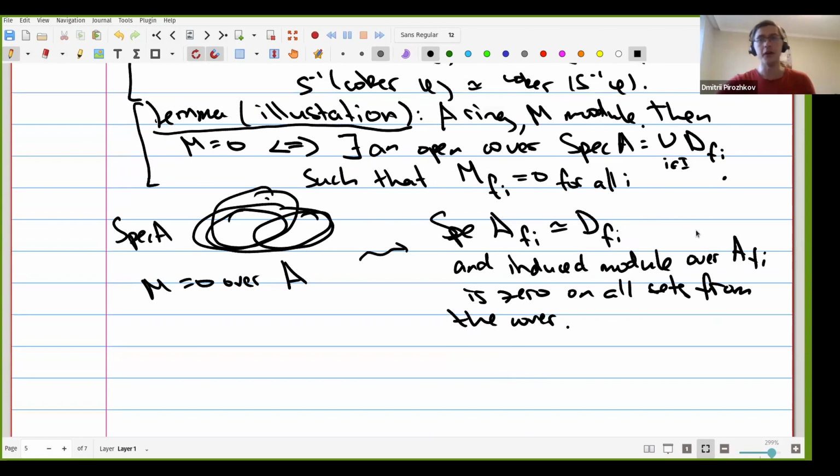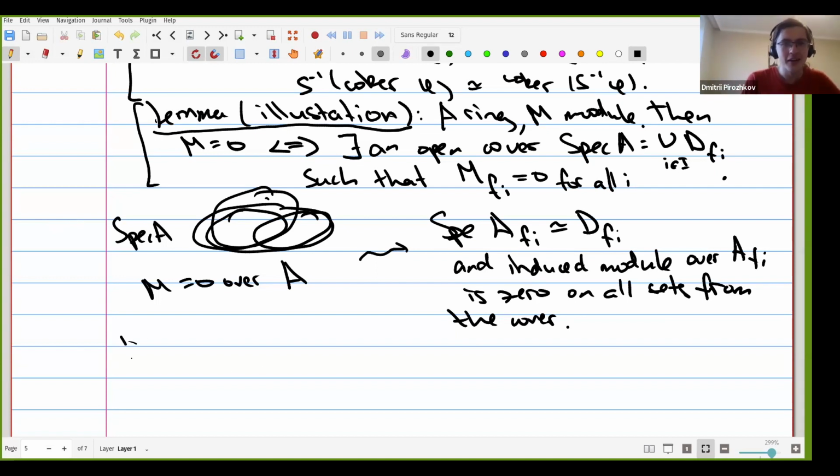And the fact that there are many properties of modules that you can check locally is very important for algebraic geometry, because there, instead of just rings and their spectra, you work with more global objects. And I won't say more about those global objects because that will be a topic for future talks.